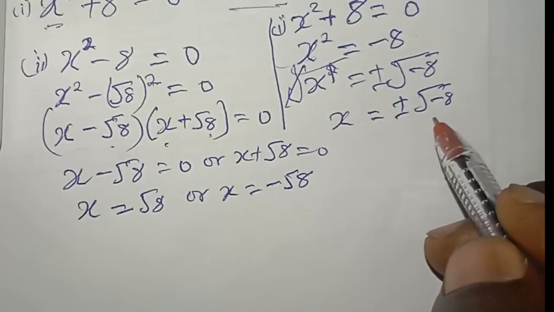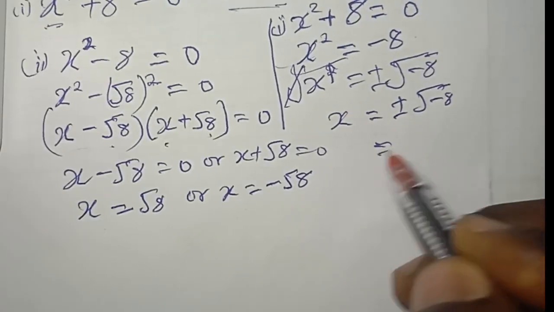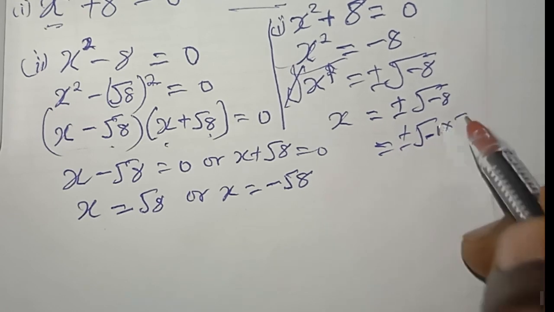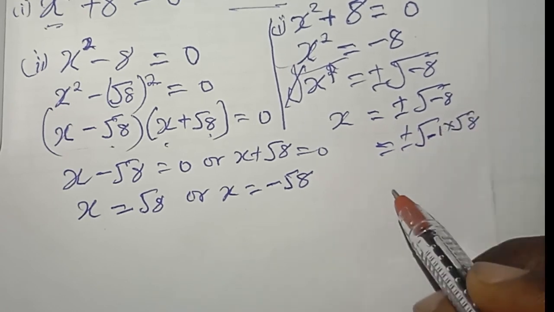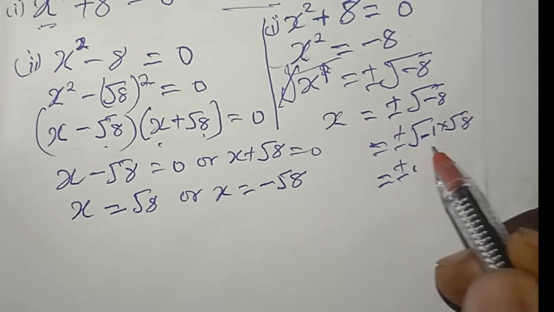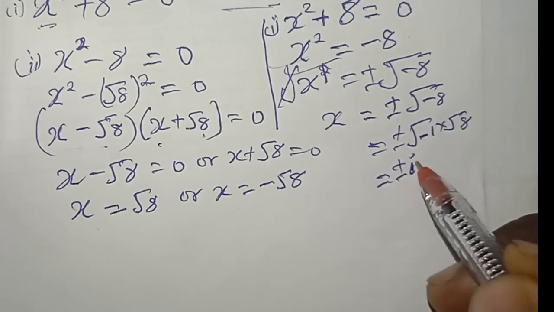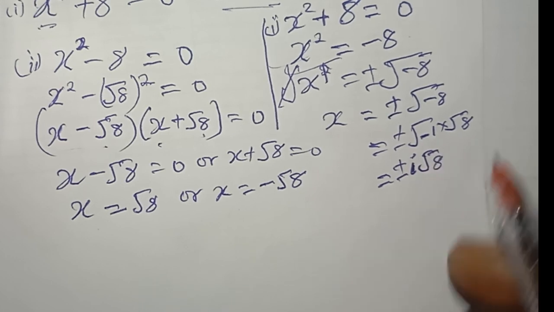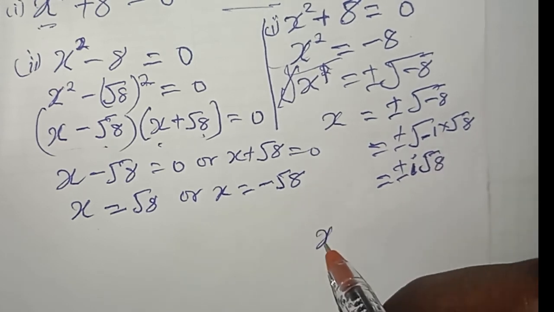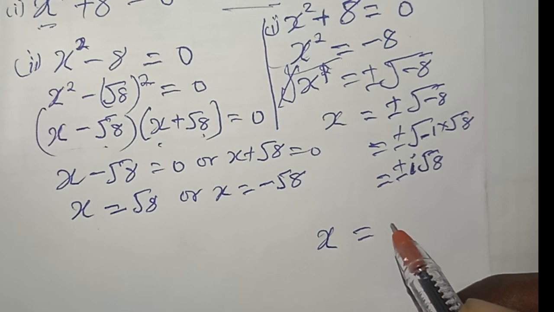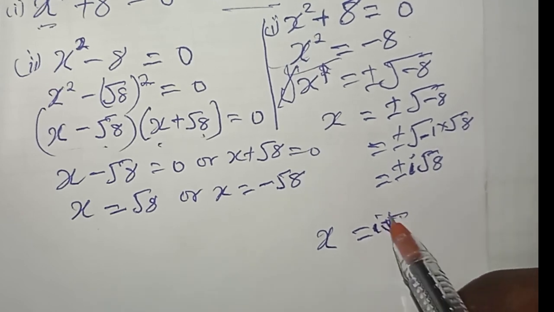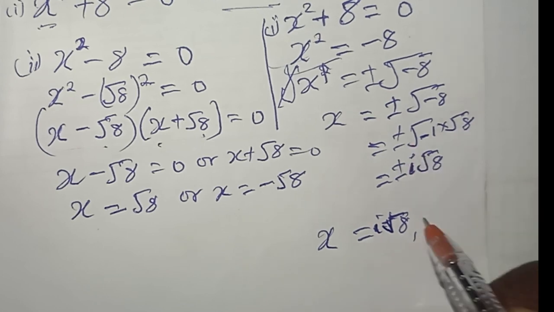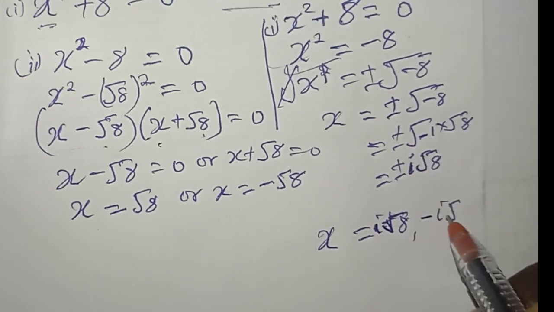Then we can actually write this negative 8 as negative 1 multiplied by 8. And of course root negative 1 is actually i, and then multiplied by root 8, so that eventually you are seeing that from here x is equal to i root 8, or x is equal to negative i root 8.